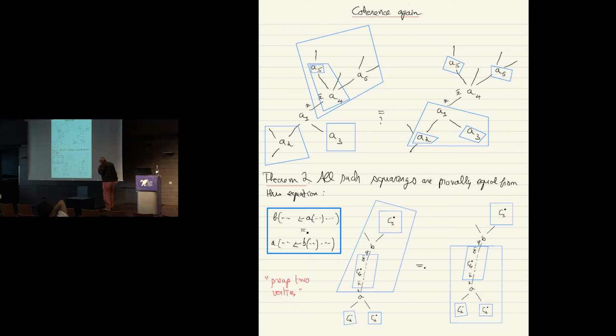And the answer is yes, provided there is one equation satisfied, which essentially says that if you pick a node A and then a node B, you could have picked first a node B and then the node A. So on the left, you've picked A first and then B. On the right, you pick B first, and then inside this subterm, you pick A. Okay, so again, you have a coherence theorem, that's theorem 2.